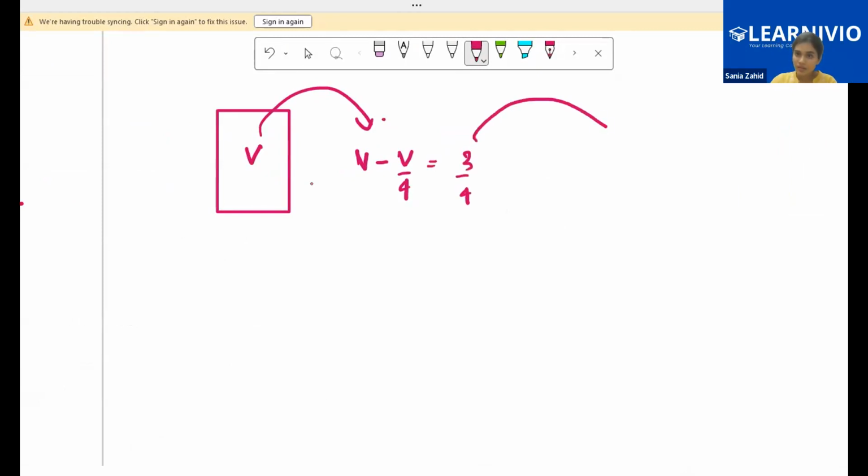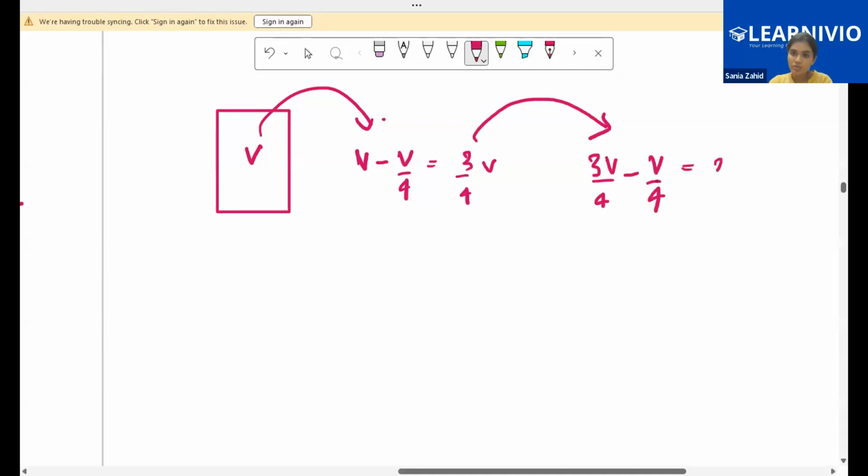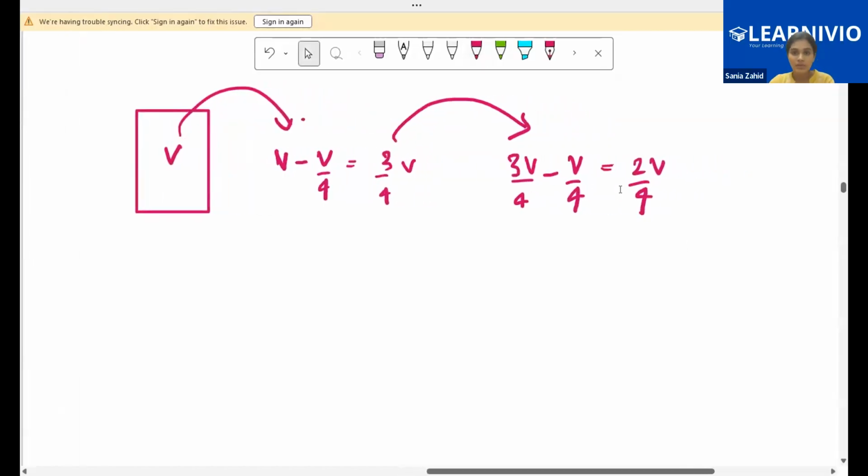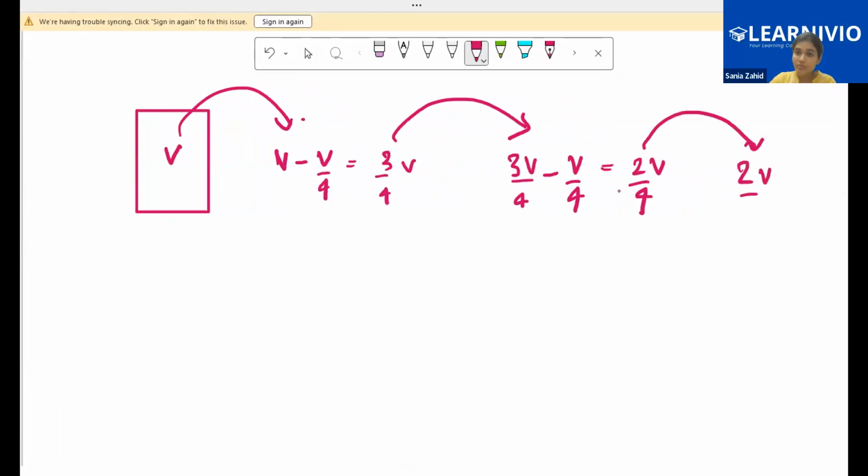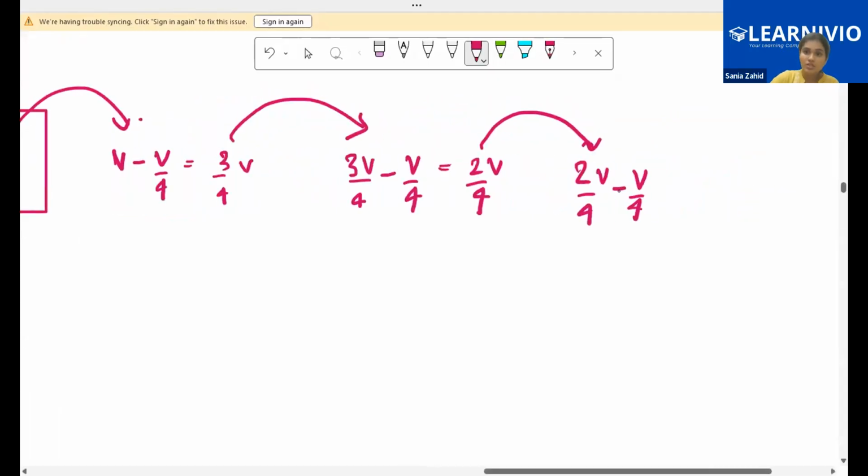Now again, when the pump is used one more time, 3V/4 minus V/4 again. So it becomes 2V/4. Now again, when the pump is used, 2V/4 minus V/4, so you get just V/4.